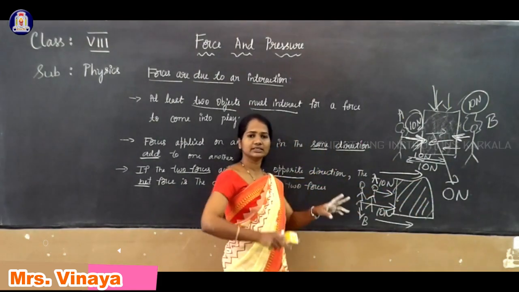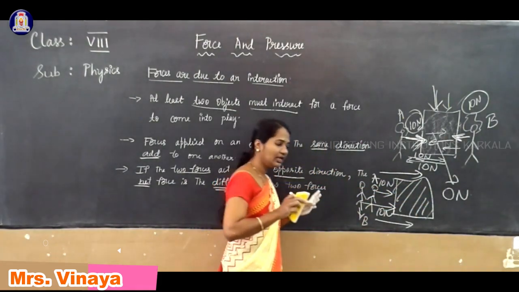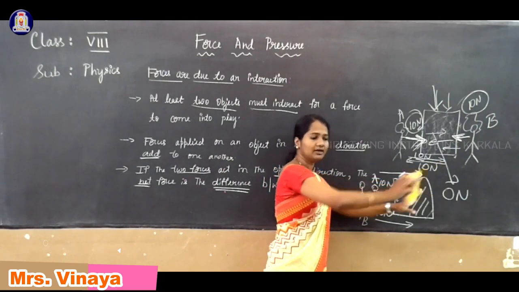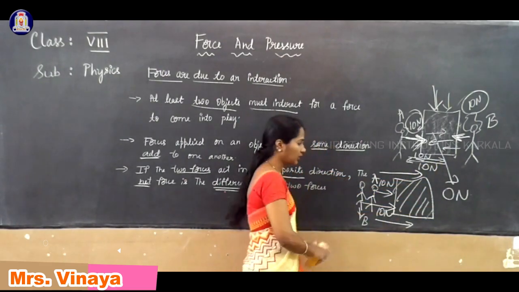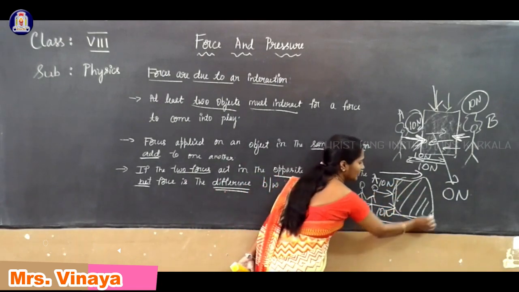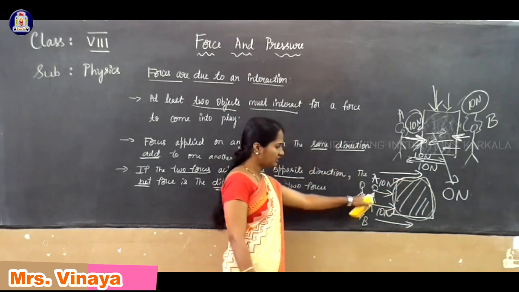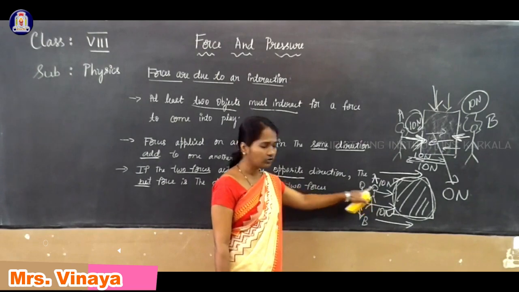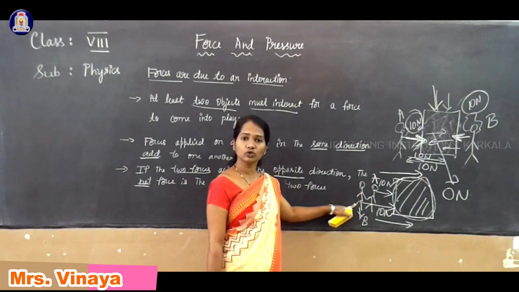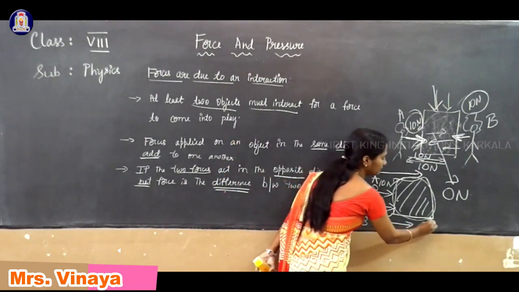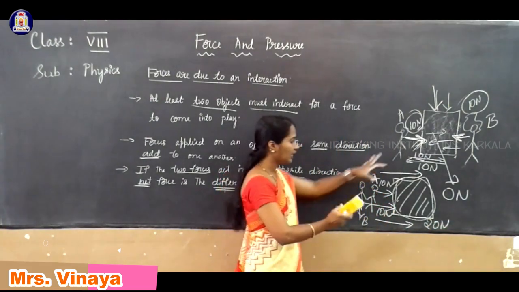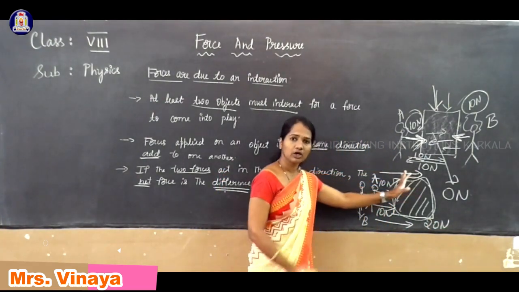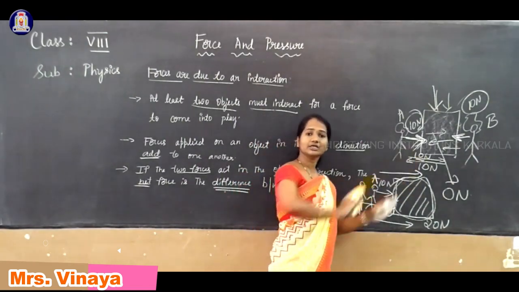Two persons come together and start pushing, and the object moves. Why does the object move? Because the force acting on the object is the first person's 10 Newton plus the second person's 10 Newton, together 20 Newton of force. A large force acts on the body, and because of that, the object starts moving.